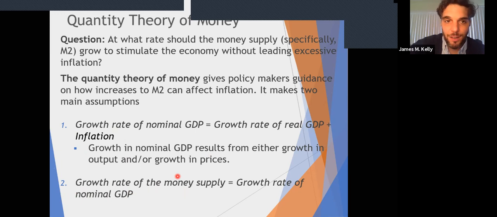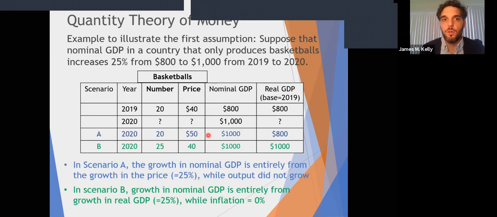For the first assumption, let's use a very simple example. Assume we have an economy where we only produce one good, basketballs. Initially in 2019, nominal GDP was equal to $800, where the number of basketballs produced was 20 and the price of each basketball was $40.